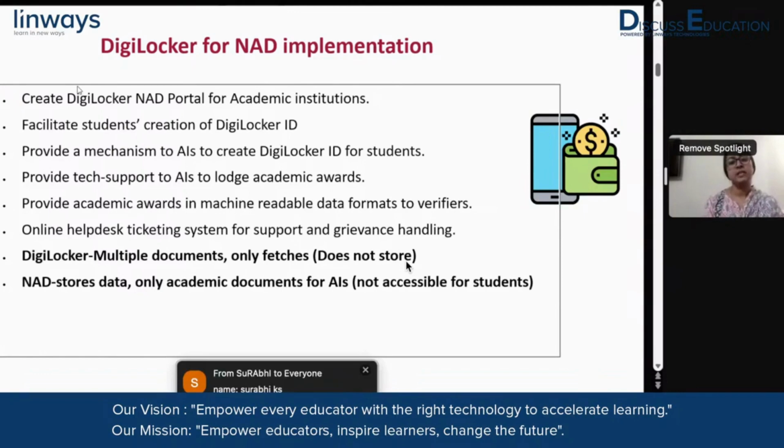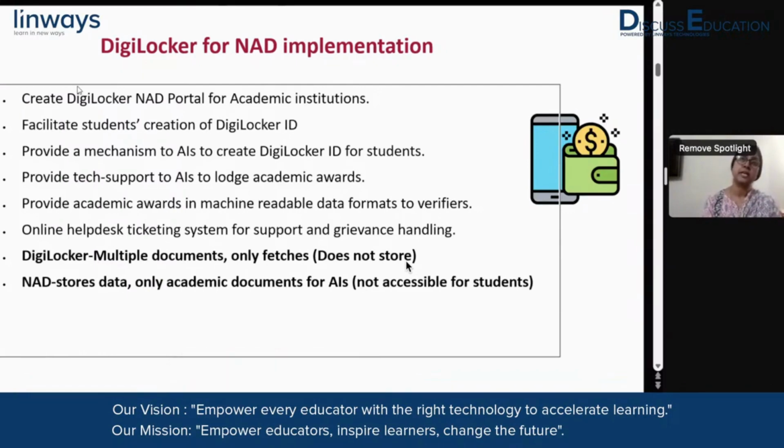Like I mentioned earlier, DigiLocker fetches multiple documents, right from the birth certificate till the death certificate and the intermediary certificates, while NAD takes care only of the academic documents.